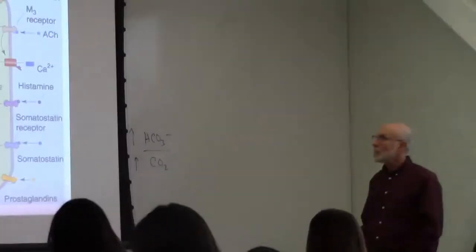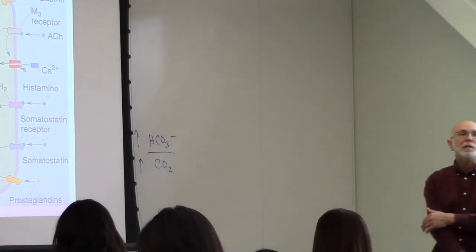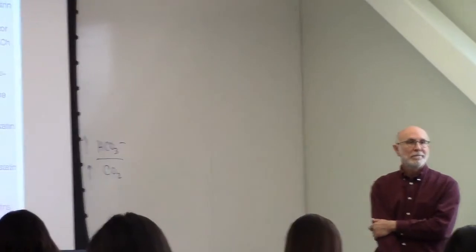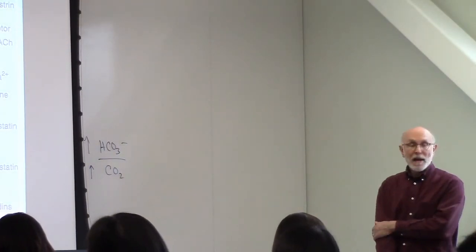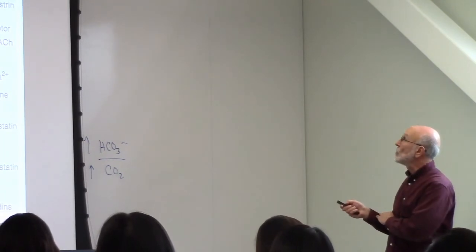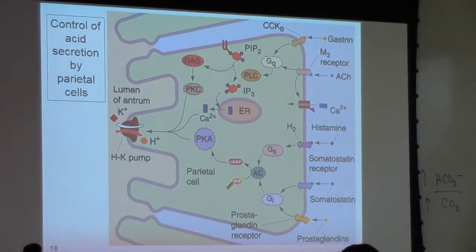So what looks like a completely horrible slide is really a slide that just builds on your previous knowledge. I'm not going to ask you to know the name of the gastrin receptor. I'm not going to ask you to know the name of the acetylcholine receptor, but I'm happy to use that language if you want.